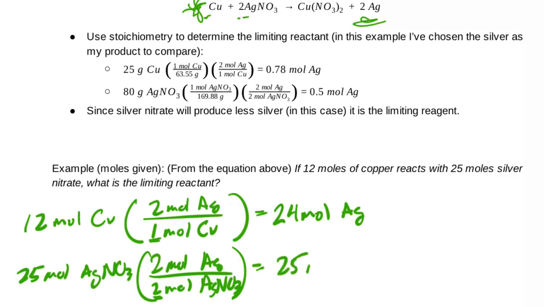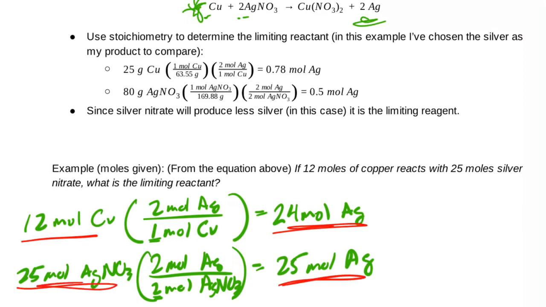It's a 1-to-1 ratio, and that means I end up with 25 moles of silver. So, because of the fact that 12 moles of copper will produce for me 24 moles of silver, and 25 moles of silver nitrate makes 25 moles of silver, I now know that my limiting reactant is the 12 moles of copper.